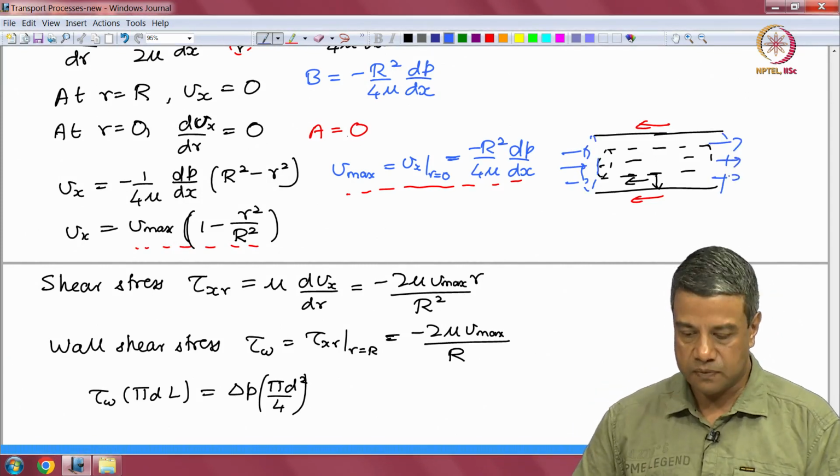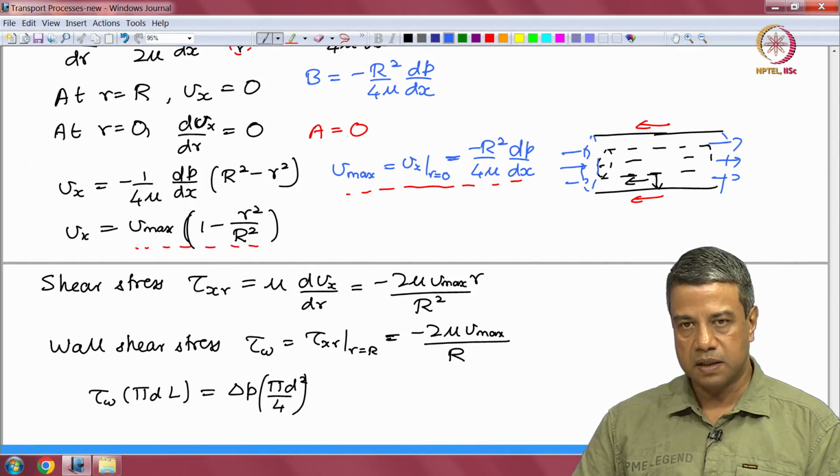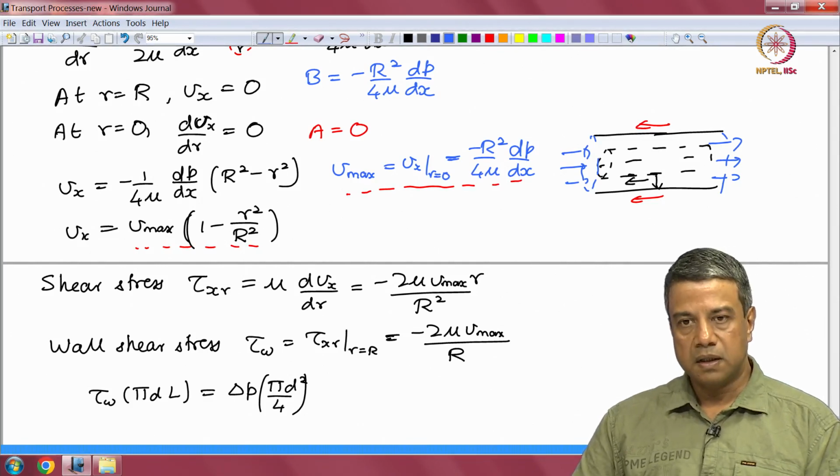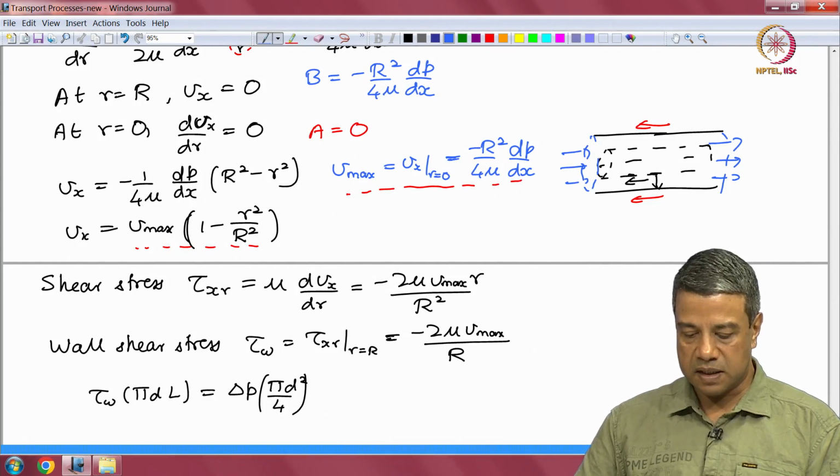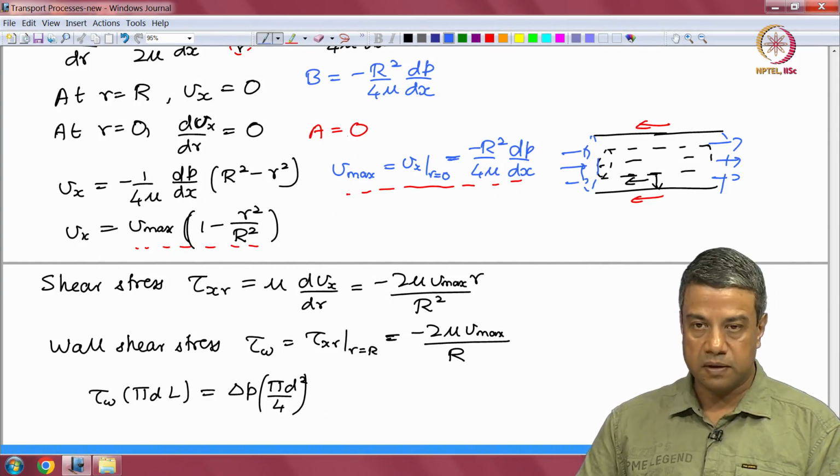That has to be equal to the force due to the difference in pressure between the inlet and the outlet. The force due to difference in pressure is delta p into pi D square by 4.